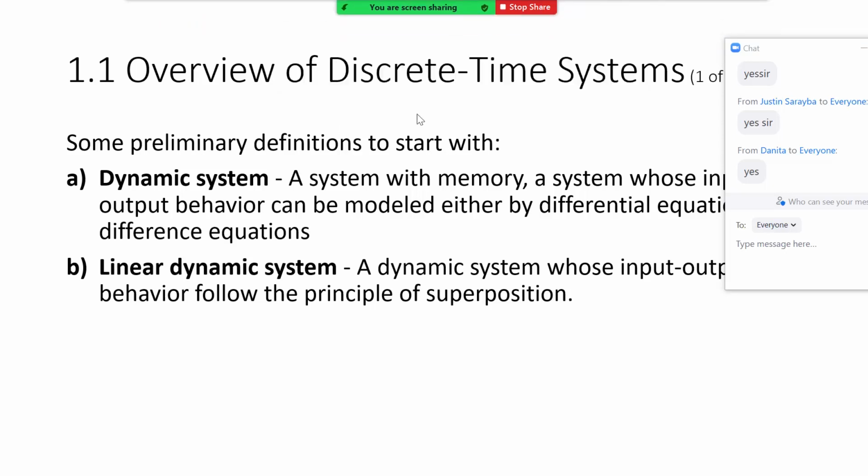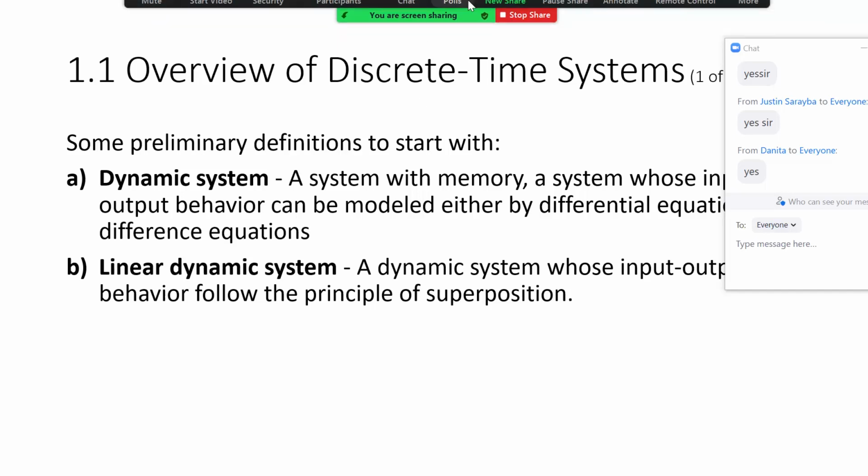Okay. So let's look at discrete time systems. Some definitions. A dynamic system. What is a dynamic system? Is the resistor a dynamic system or not? Who knows if the resistor is a dynamic system or not?